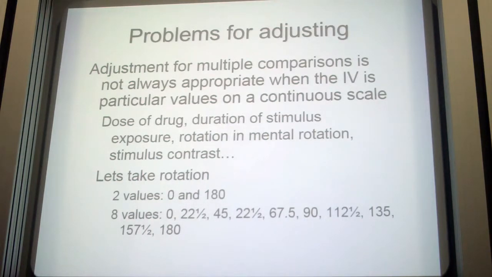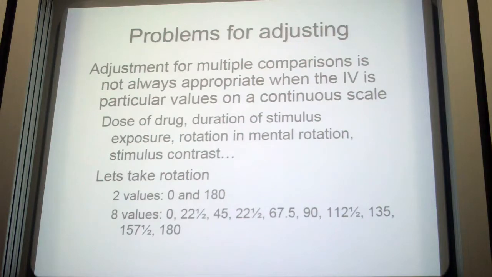There is one situation where using Neuman Keuls or Tukey's HSD really does not make sense. Okay? And that's when your independent variable is related to particular values on what you can think of as being a continuous scale. If you're dealing with dosages, durations of stimulus exposure, degrees of rotation of an image, changes in stimulus contrast, these are all things that are on a continuum.